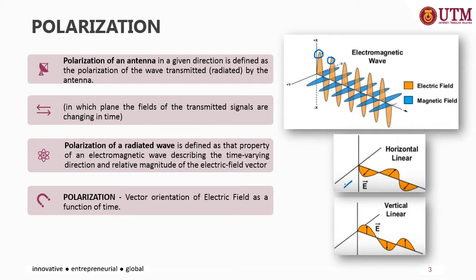Okay, if the E field propagates in horizontal linear, we may see that the E field will oscillate linearly in the horizontal direction, while when the E field vector is oriented vertically across the propagation direction, it is vertical linear polarization. So basically the polarization is the orientation of the electric field as a function of time.